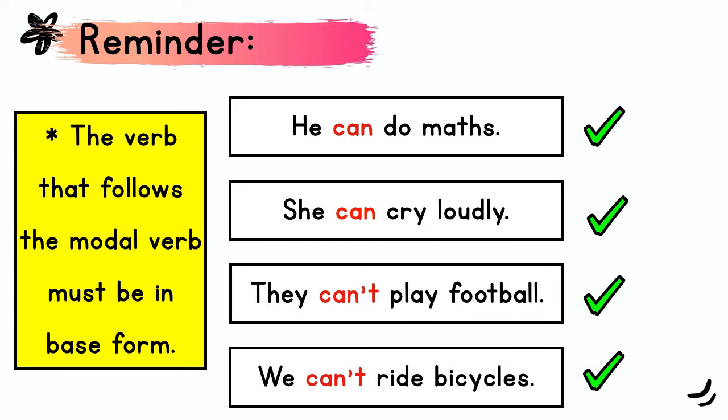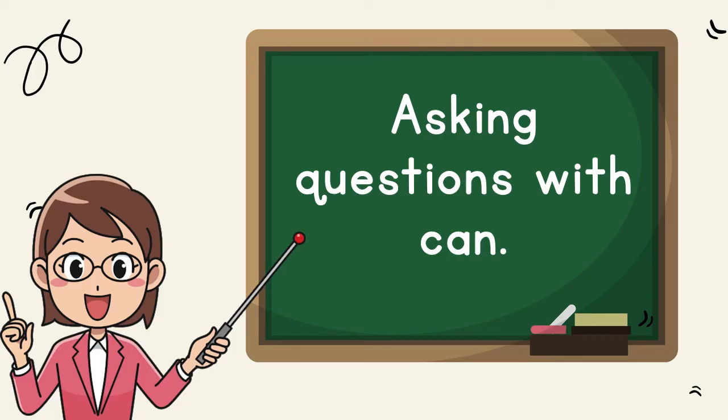Okay, bear in mind, kata kerja di belakang modal verb can dan can't tidak boleh ada apa-apa imbuhan. Mesti dalam kata dasar. We have learned how to use can and can't in constructing affirmative and negative statement. Now we would like to learn how to ask questions with can.